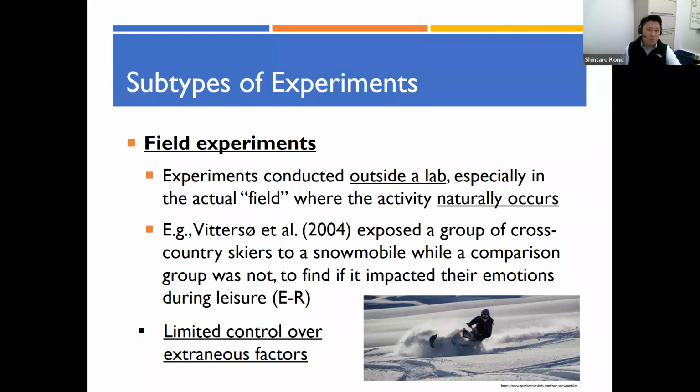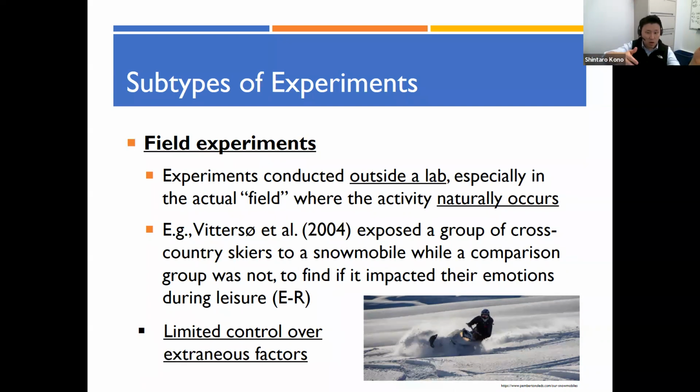Now, the last type of experiment that the chapter talked about is field experiments. This is in direct contrast to lab experiments, because this one happens outside of the lab, typically outdoors, right? In an actual field where the activity, whatever activity we're studying, naturally takes place.